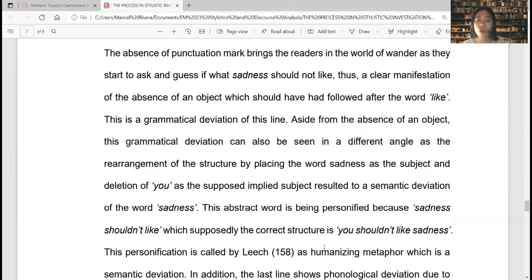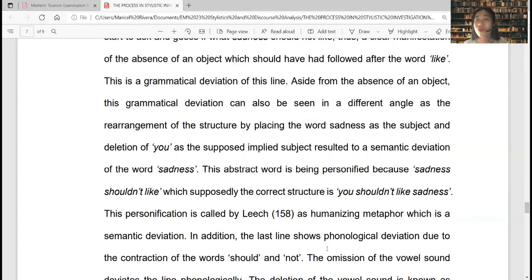So this abstract word is now being personified because of the absence of the noun or the subject you, di ba? So because sadness shouldn't like, which supposedly the correct structure is you shouldn't like sadness. So this personification is called by Leech as humanizing metaphor, which is an example of semantic deviation.